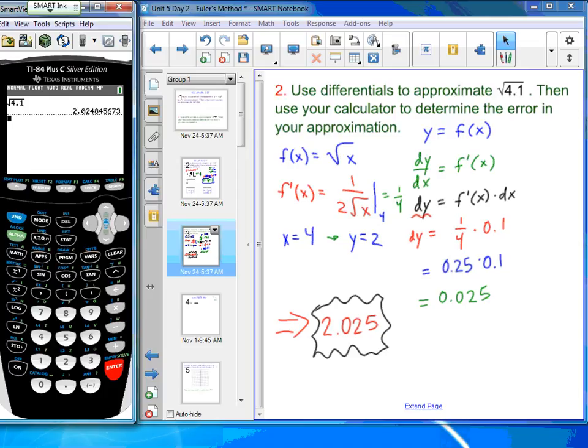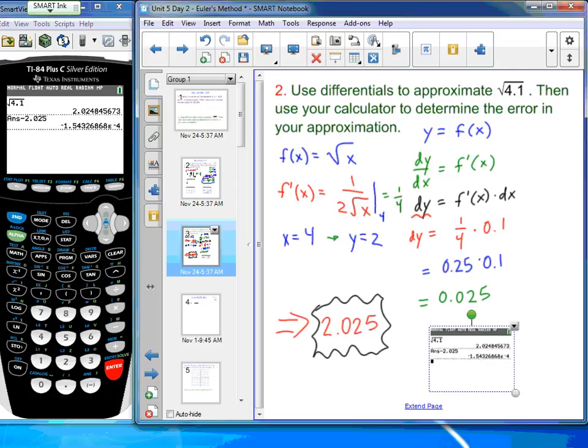And so the actual value, correct to 8 places, since it's irrational and goes on forever without falling into a repeating pattern, is 2.024845673. Compare that with our anticipated value, and we're talking about not too shabby. The difference is 0.000154, so that's pretty good. Our error is only 0.00015, and that's not too shabby.